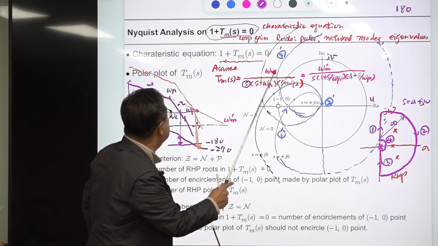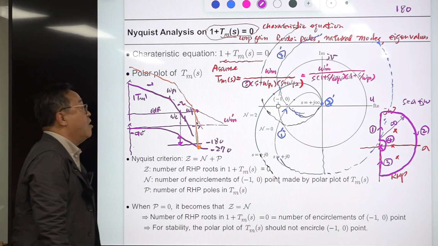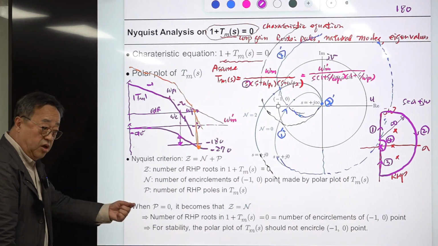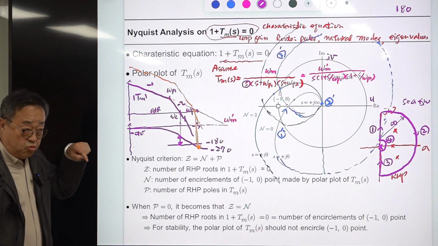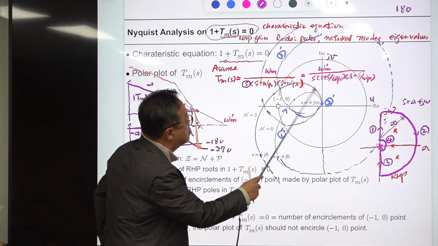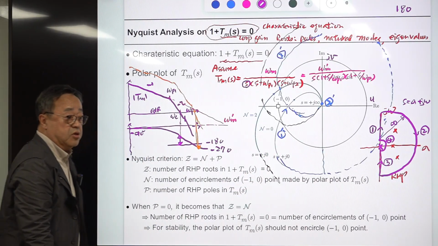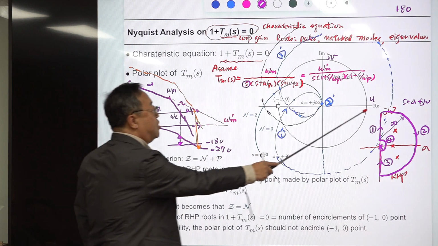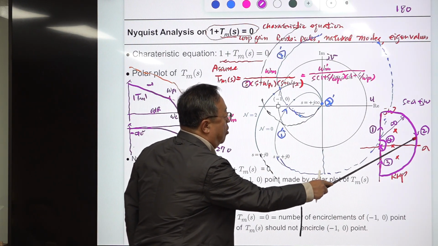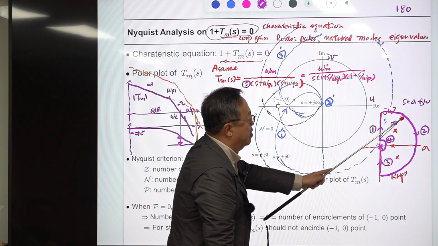Because the order of the denominator is 3 and the order of the numerator is 0, the final phase will be minus 270 degrees, and this line will slide along the real imaginary axis. That is obvious. Then you are here, and you need to go around this, a long path with infinite radius.